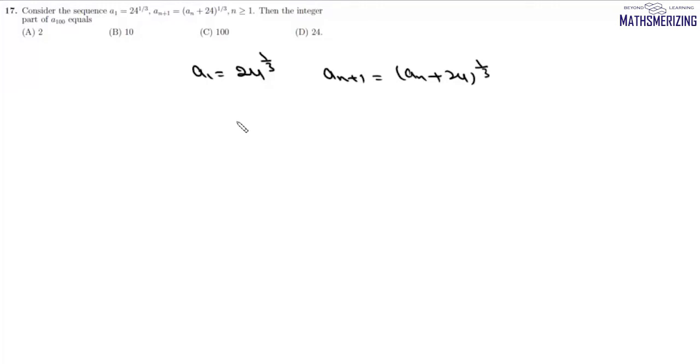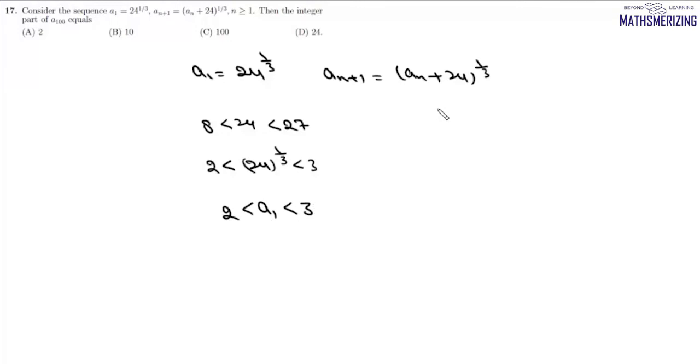Now 24 is greater than 8 but less than 27. So if we take cube root, then 24 to the power 1 by 3 will lie between 2 and 3. So basically this a1 will lie between 2 and 3.